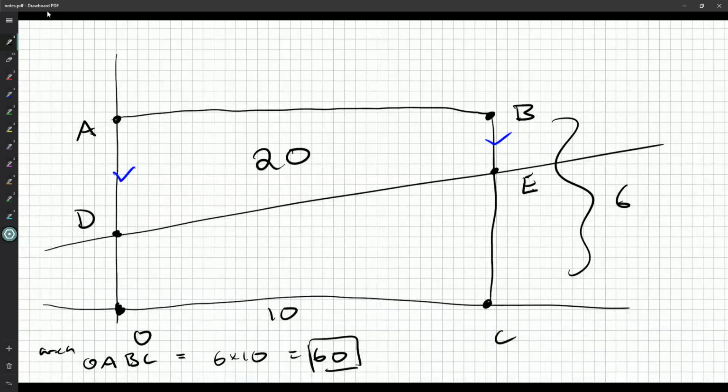Alright, so how on earth are we going to do that? Well, AD and BE, we want to get those lengths, so we might say something like ABED is a trapezoid.